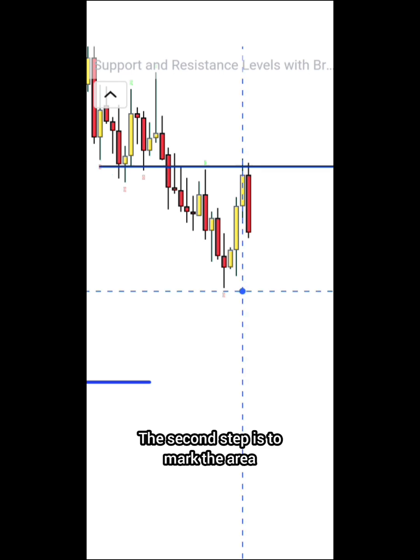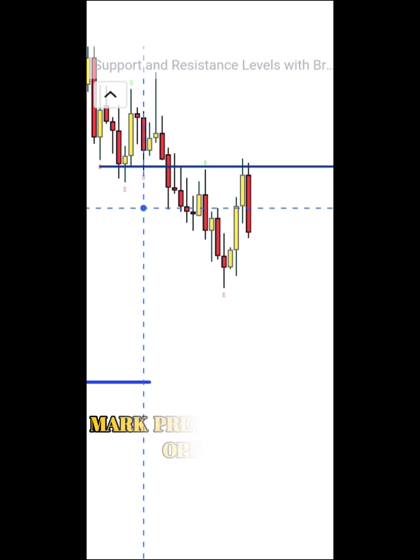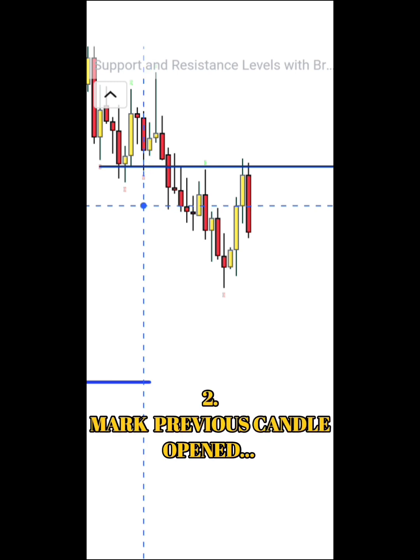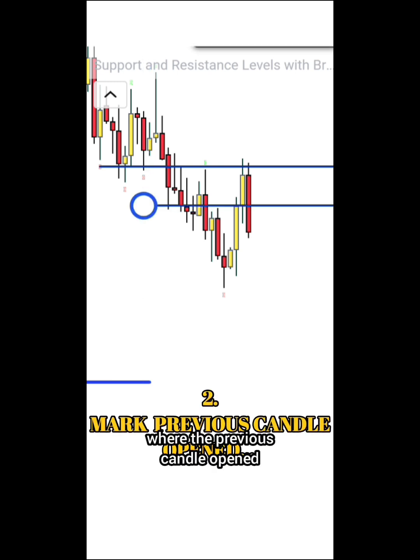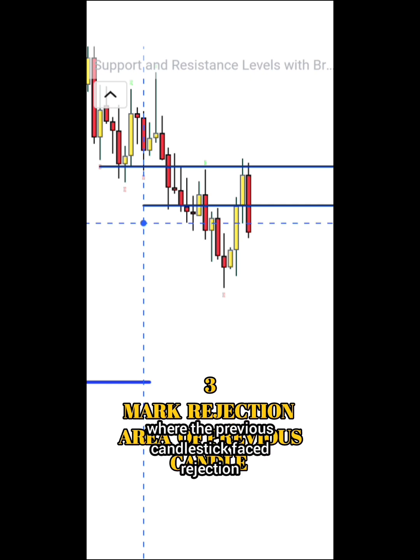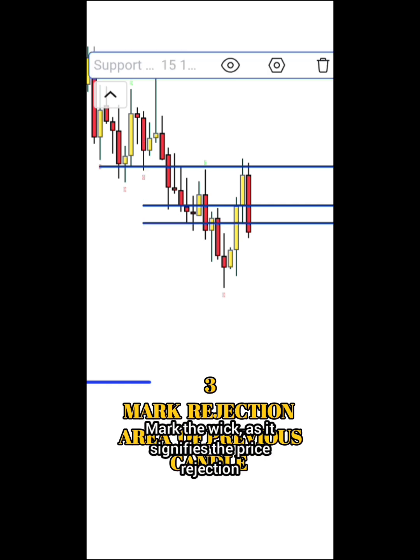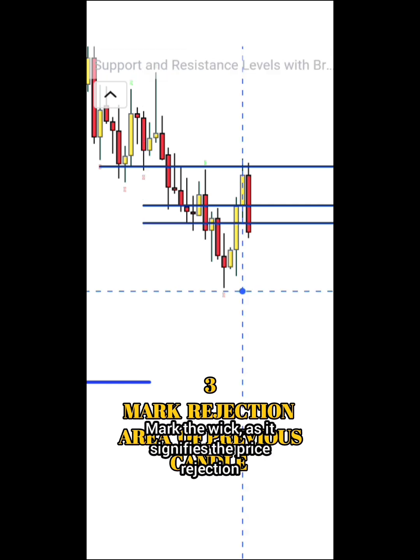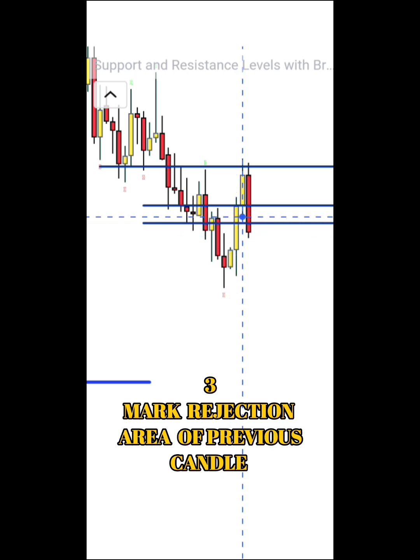The second step is to mark the area where the previous candle opened. Your task is to pinpoint and mark the exact level where the previous candle opened. So, we start by marking where the previous candle opened. Thirdly, we identify the area where the previous candlestick faced rejection. Mark the wick, as it signifies the price rejection and serves as a key zone.